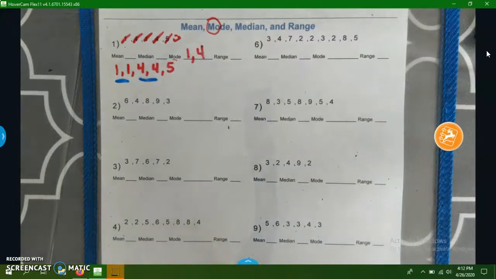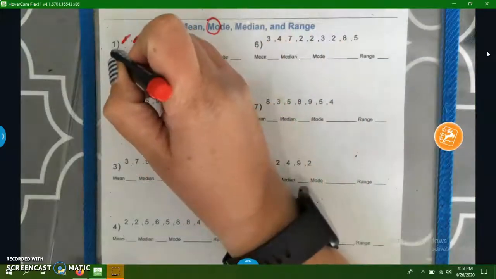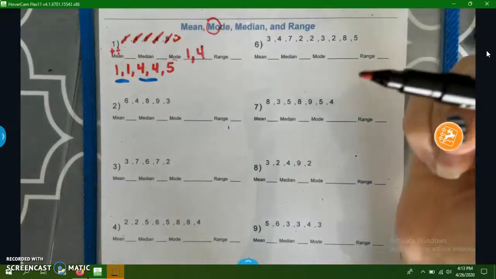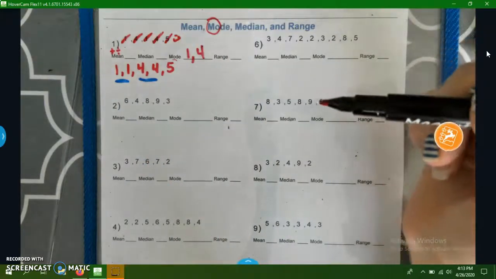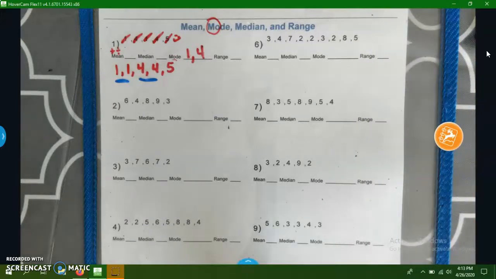Next we will jump over to the mean, because I can do the mean without messing up my data. The mean is the average or the fair share. For the mean, we have to add up all our numbers and then divide by however many numbers there are. So I'm going to add up 1 plus 1 plus 4 plus 4 plus 5, and that will give me 15.